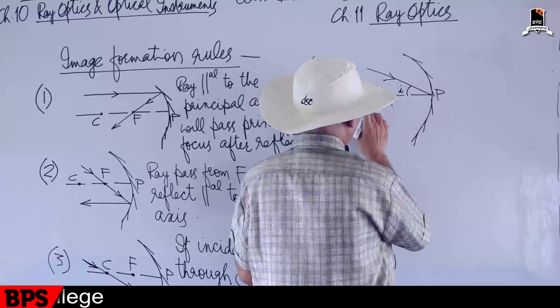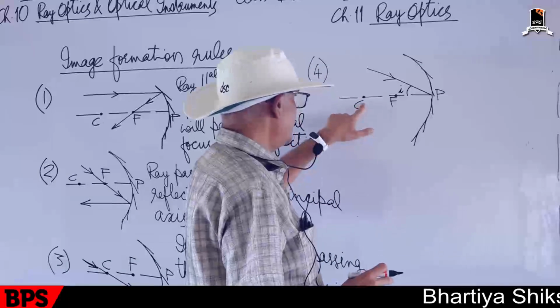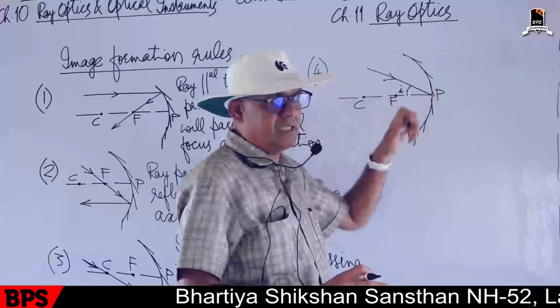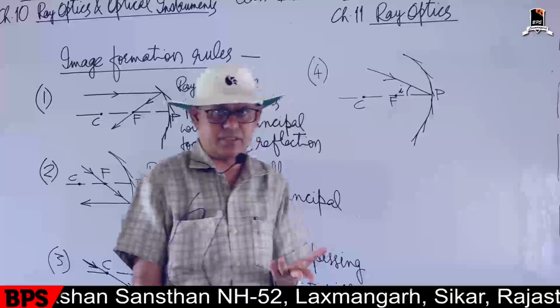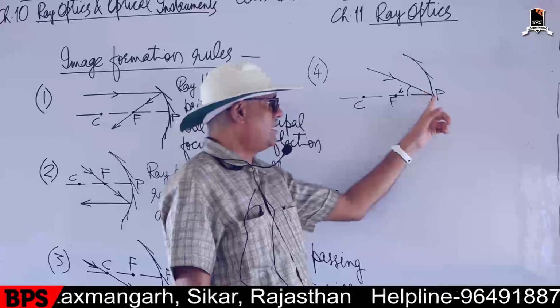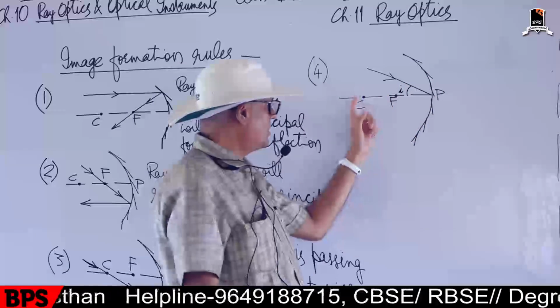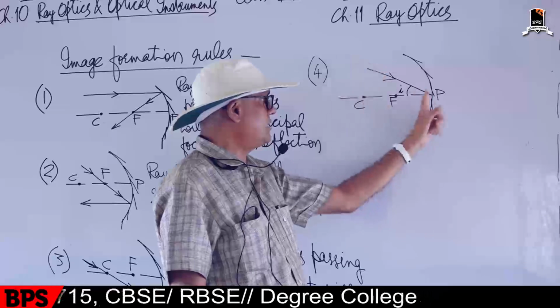Why incidence angle? Because any line through C and P is the principal axis, and the principal axis is always the radial direction because it meets the center of curvature and the pole, the surface of the mirror. So this is the radial direction, meaning the normal direction, and this is the incident beam.